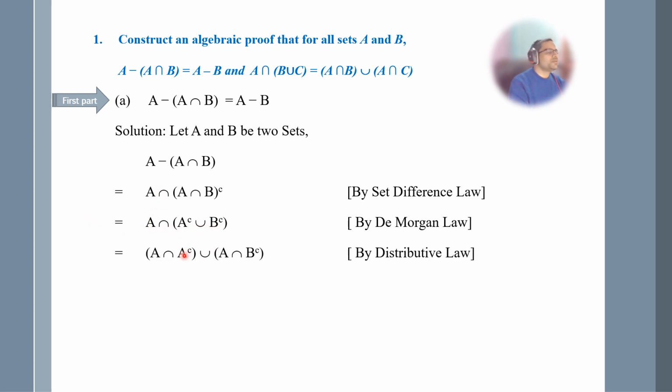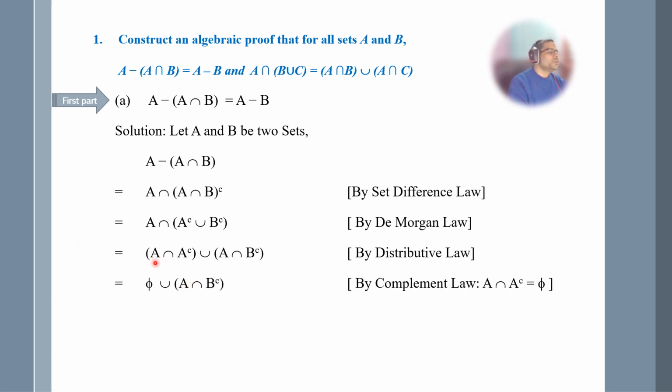Here intersection is distributed over union, so it can be written as A intersection A complement union A intersection B complement, by the distributive law.